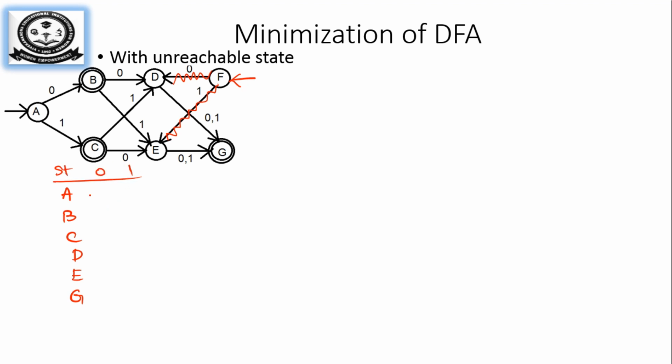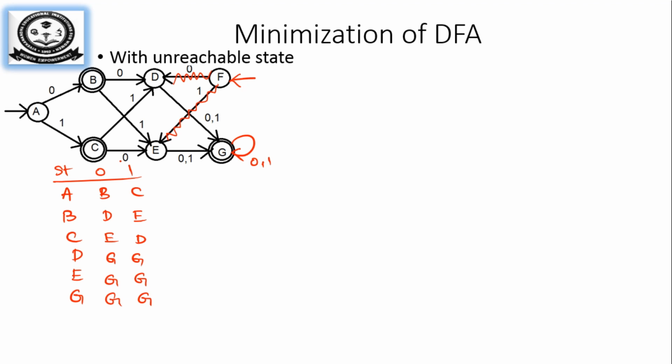So now for 0 it is going to be BC, and for B state it is going to be DE, and for C it is ED, and for others everyone are going towards G, okay. And one more thing, G is not having any transition, we will take it as 0, 1 here, so we will have GG here.